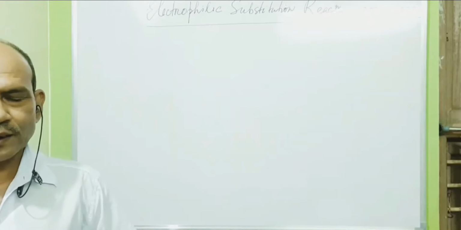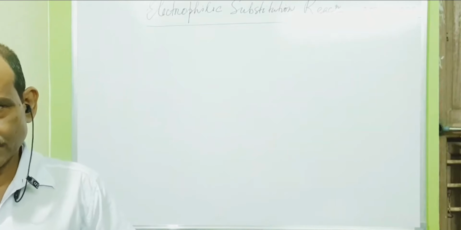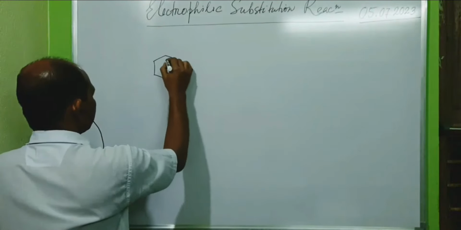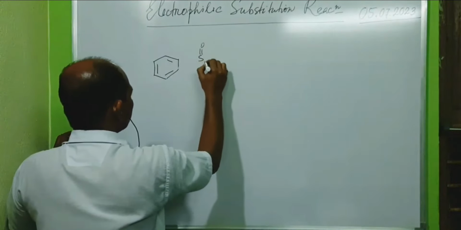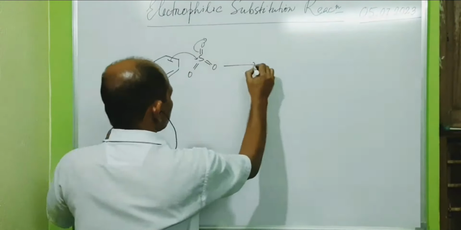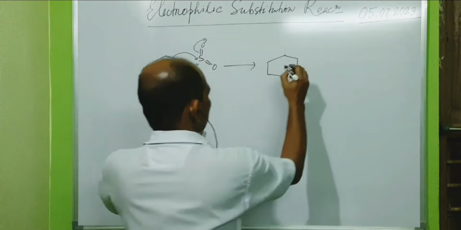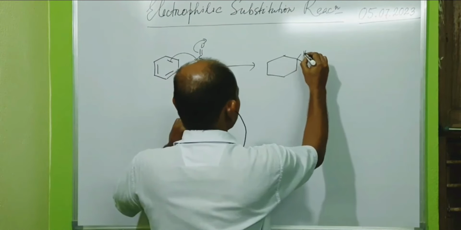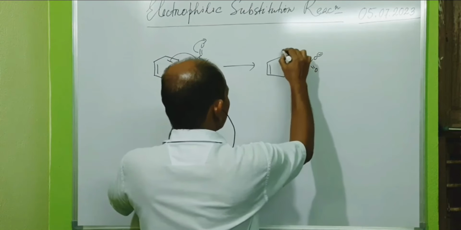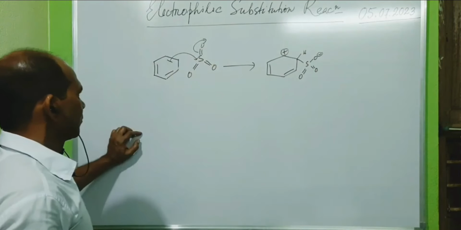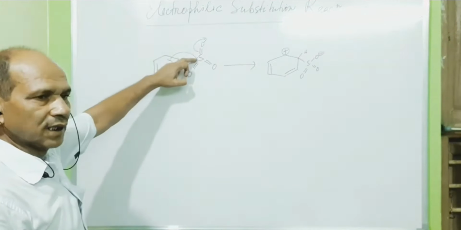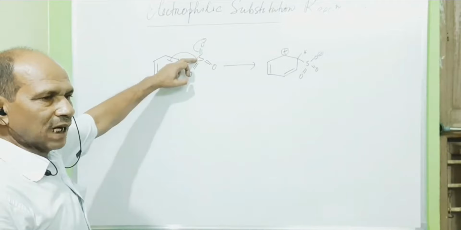We'll discuss now sulfonation of benzene. The pi bond of benzene attacks the sulfur, the central atom, which carries 3 pi bonds.